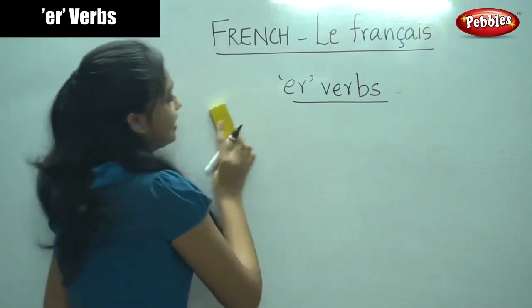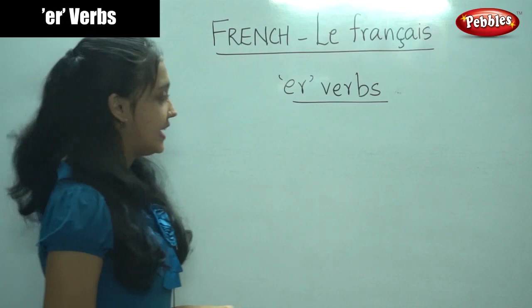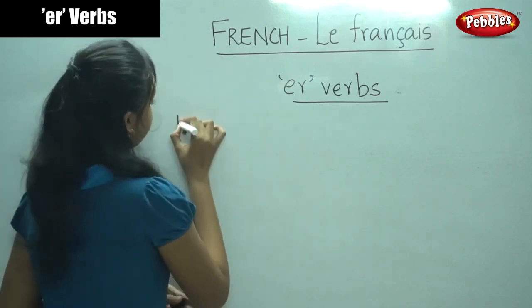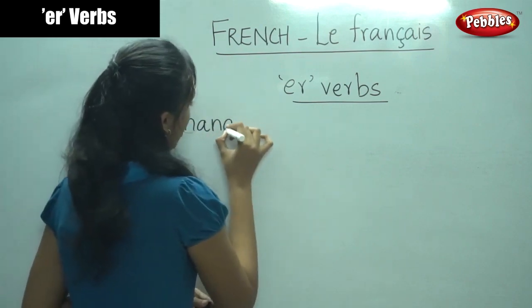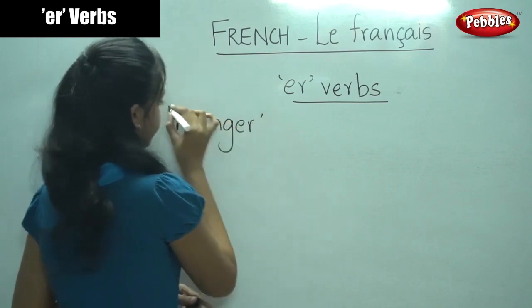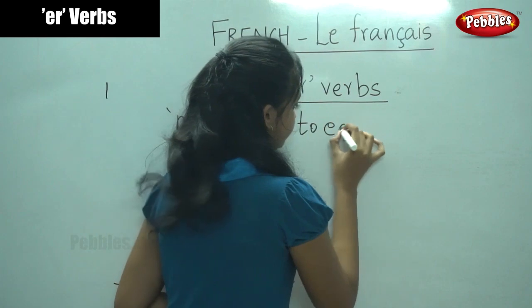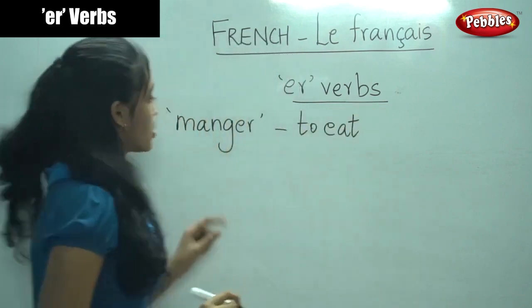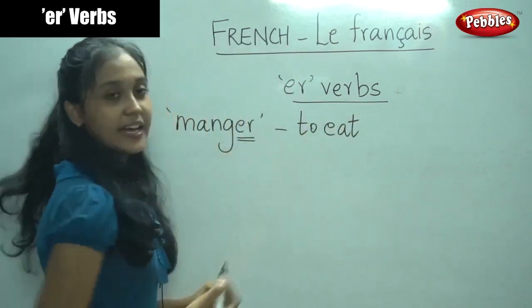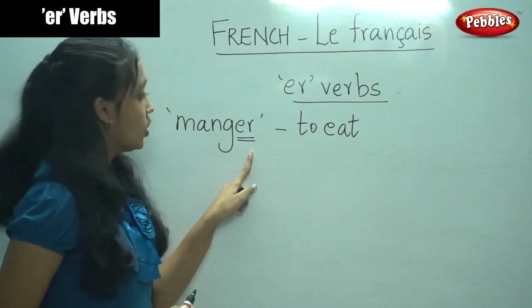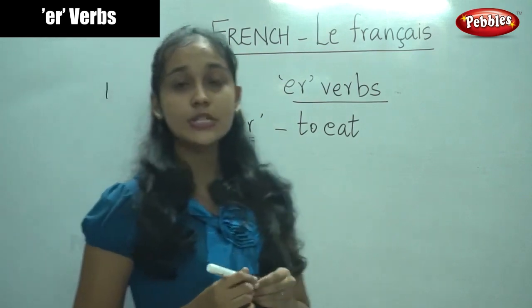So, shall we learn some more ER verbs? For example, let us take the verb manger. Manger means to eat. So, it is also an ER verb. So, once more, can you tell me the rules?